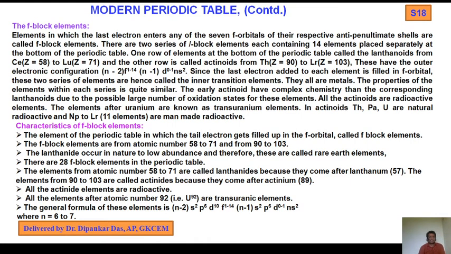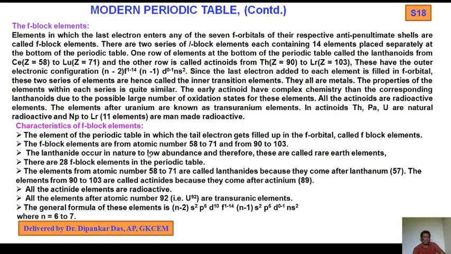So what are the characteristics of f block elements? The elements of the periodic table in which the last electron gets filled up in the f orbital are called f block elements.